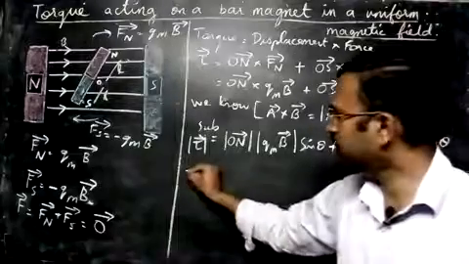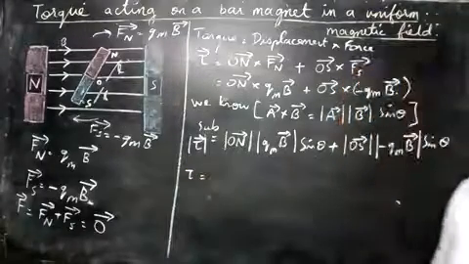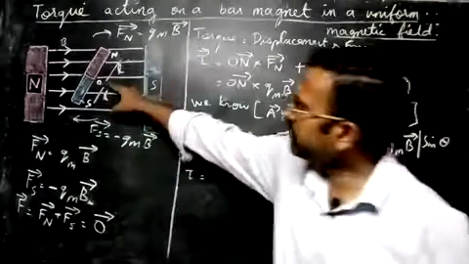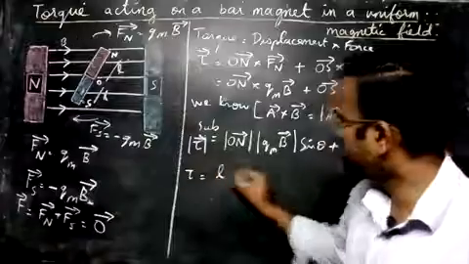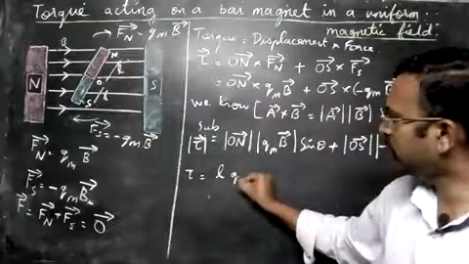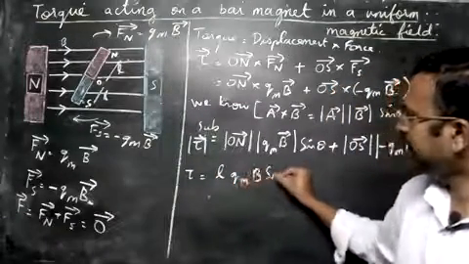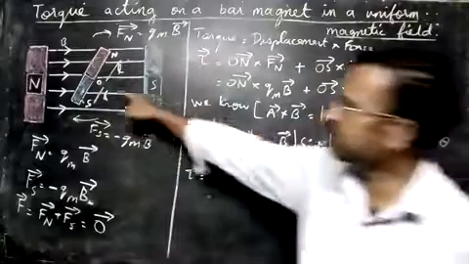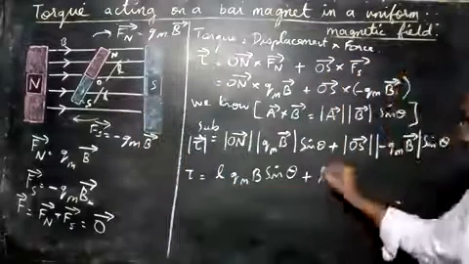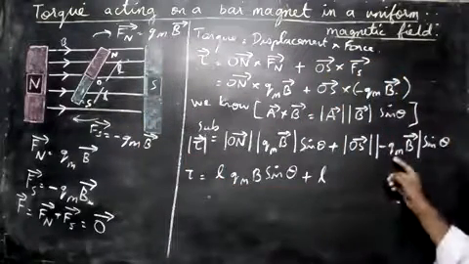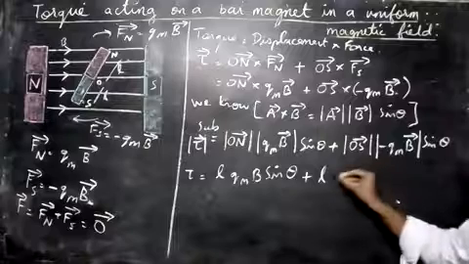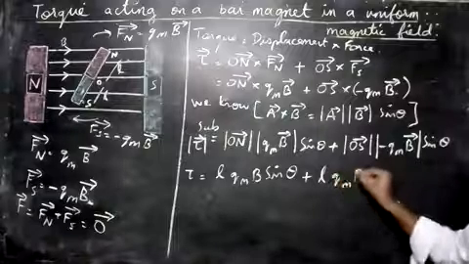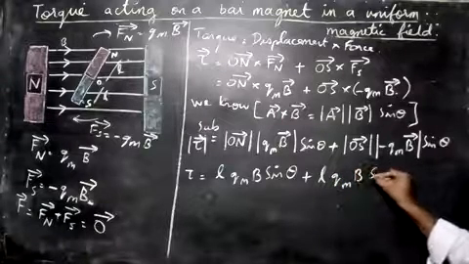So now we get torque tau is equal to On. You can see from the picture it is L. QmB you write as it is, QmB sin theta, plus Os is also L only. So we get L into QmB, and when you take the magnitude the minus sign will go away, and we also get sin theta.